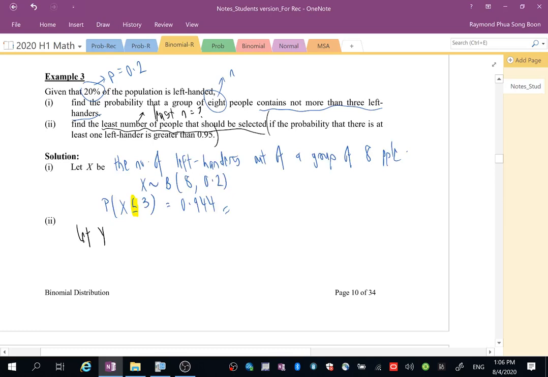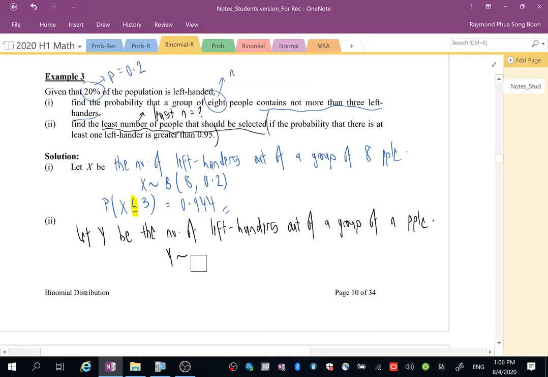So we use y. Let y be the number of left-handers out of a group of n people. We don't know the value of n, which is what we need to find out. So y follows a binomial distribution with parameter n and p is still 0.2.